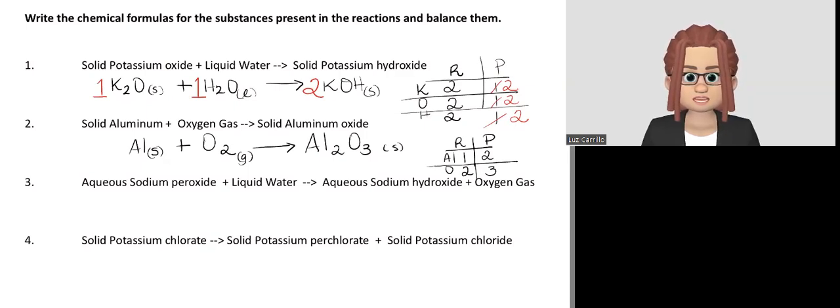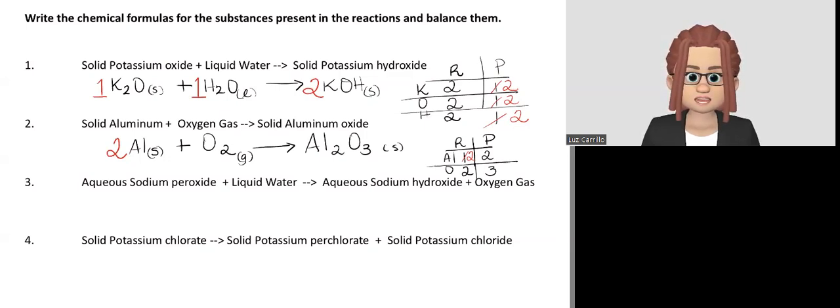So when we're trying to balance this reaction, we can say, okay, if I put a digit of 2 in front of the aluminum, that means the aluminum will now have 2 atoms, so now it looks balanced. But when I look at the oxygen, the issue is that I have 2 in the reactants and 3 in the products.